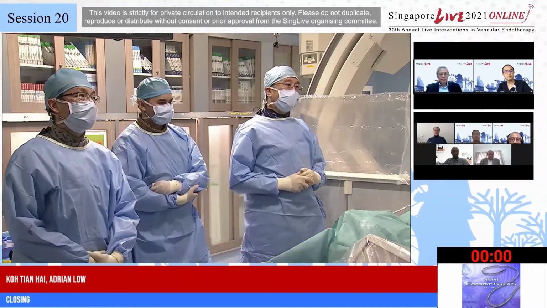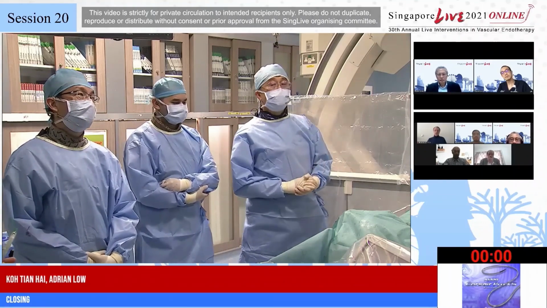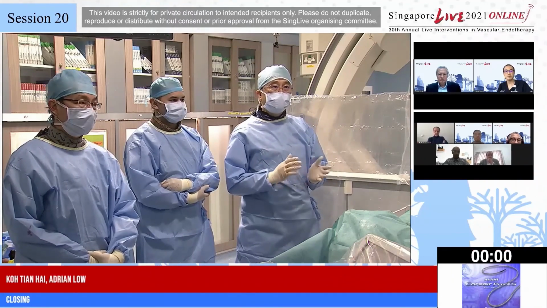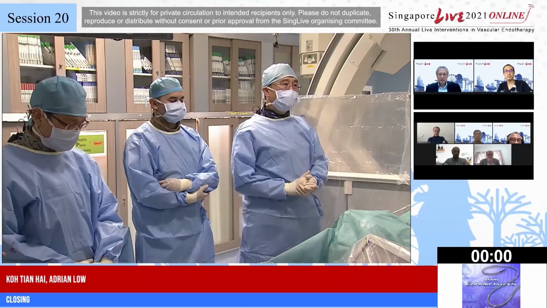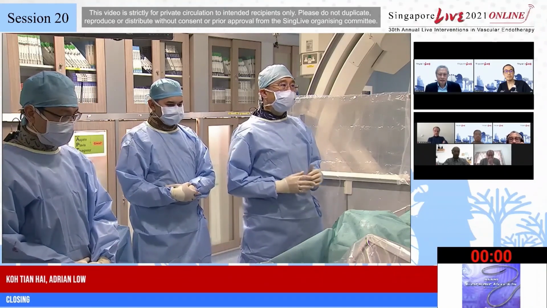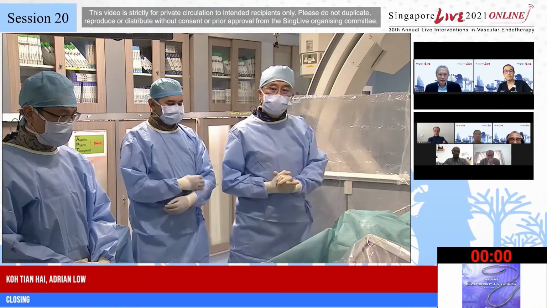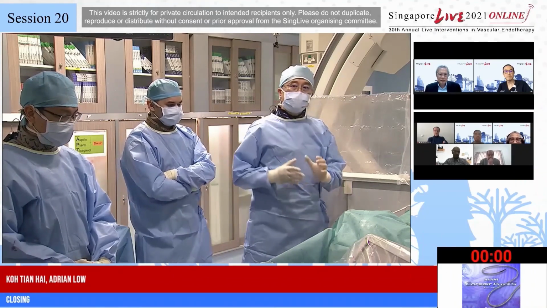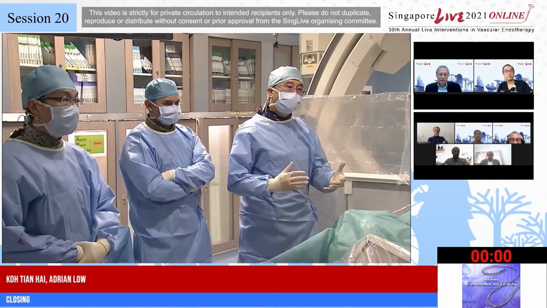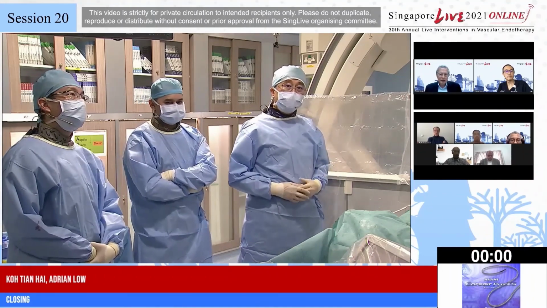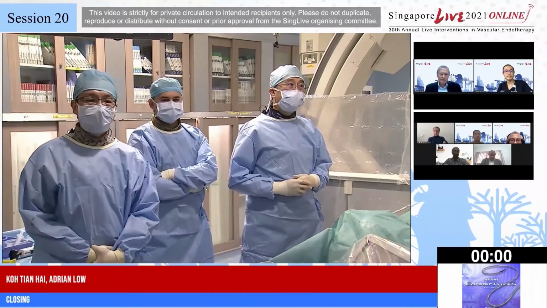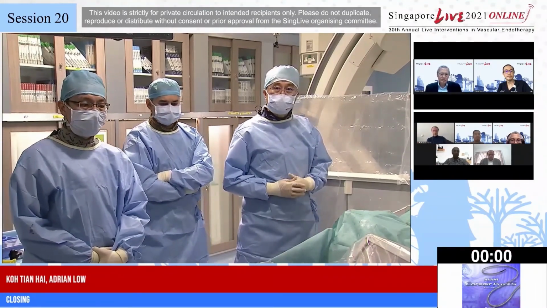And if the side branch is compromised, we are prepared to do the kissing with a short overlap, and then do another port just like the normal DES. And we hope that long term it will translate to clinical benefit for this very young patient. Thank you very much for the opportunity to share this new exciting product.